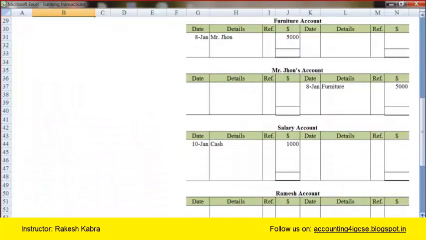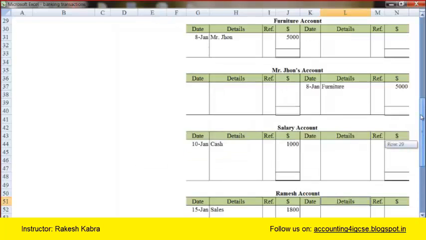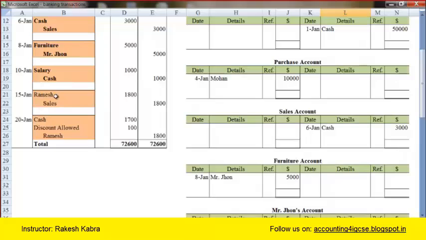So in Ramesh account, yes, Ramesh account here, debited. So debited with 1800. So first I will put the amount, and I will write the name of the opposite account, that is sales, and I will put the date, and the date is January 15. Now next sales account, isn't it? I have done posting in Ramesh account. Now sales account.